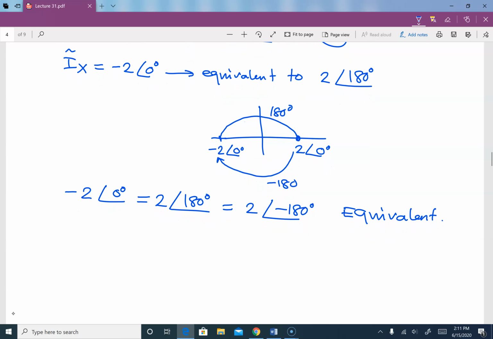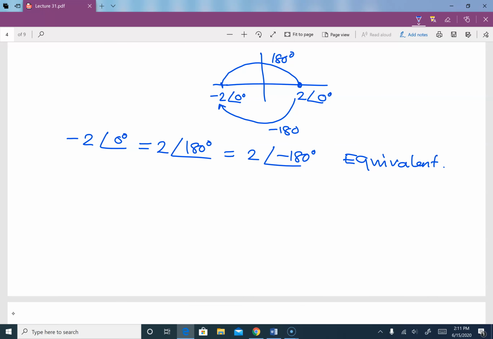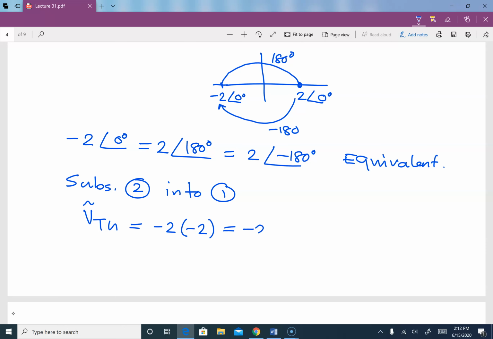So now we go back to our problem here. When we substitute equation 2 into equation 1, we will have V Thevenin minus 2 times negative 2 is equal to negative 26 with angle 0.